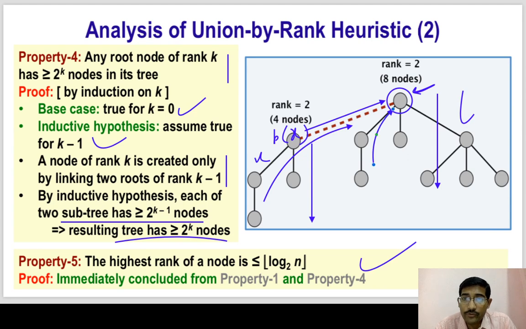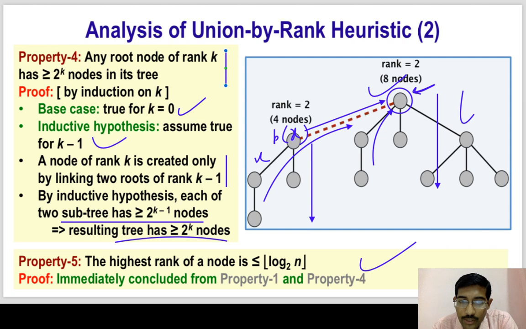So therefore, since this inequality happens, the maximum rank we get is at the root node, and we can say by property 4 that any root node of rank k will have at least 2 to the power k nodes in the tree.